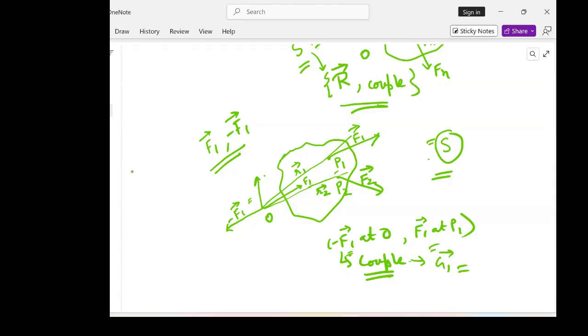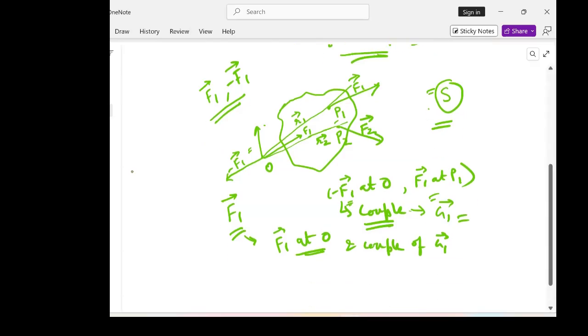Now you see, we had the force F1 from the system S. Due to this force F1, we are now getting a force F1 at O and a couple of moment G1 whose axis is passing through O. If we computed the moment of the original force F1 with respect to O, with the axis passing through O, the moment would have been R1 cross F1.